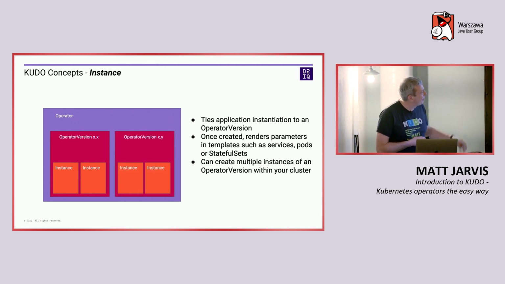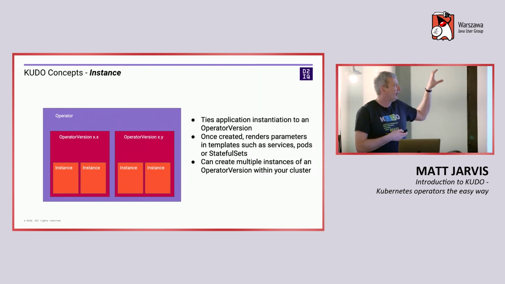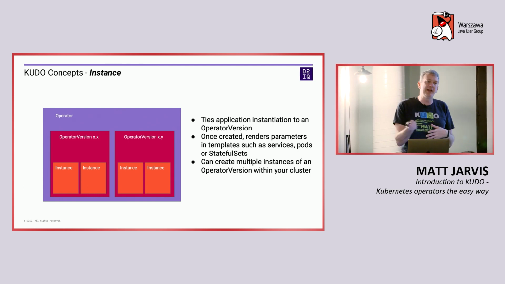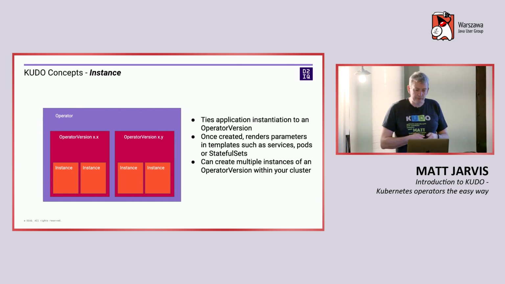And then we can have multiple versions of the same operator running at the same time. So this covers the use case, for example, where you might have an application that's tied to a particular version of Zookeeper or something like that. So you need to be able to run multiple versions of that particular app within your cluster.